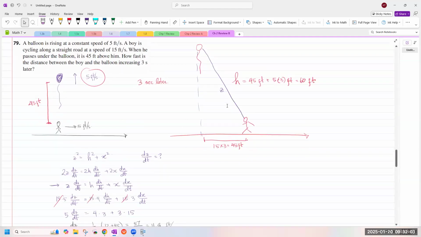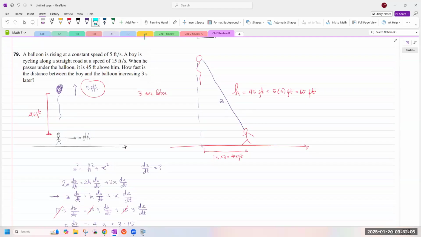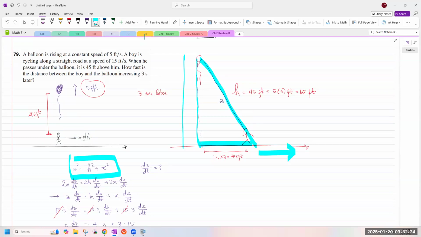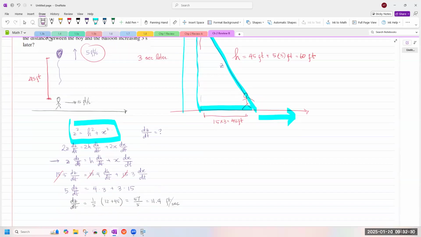Okay, that's for this. So we create the right triangle first, right? That gives us this Pythagorean situation. You see that the length of this x is increasing at 15 feet per second, and the height of the balloon is also increasing at 5 feet per second. Hold on, I think I used the wrong number here. It should be 5 here.